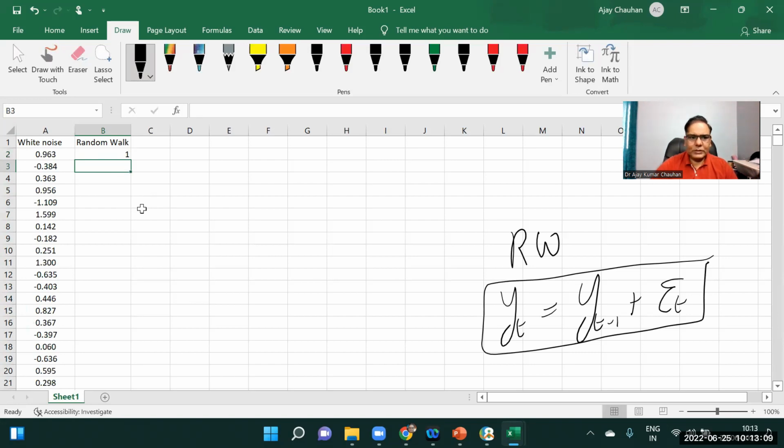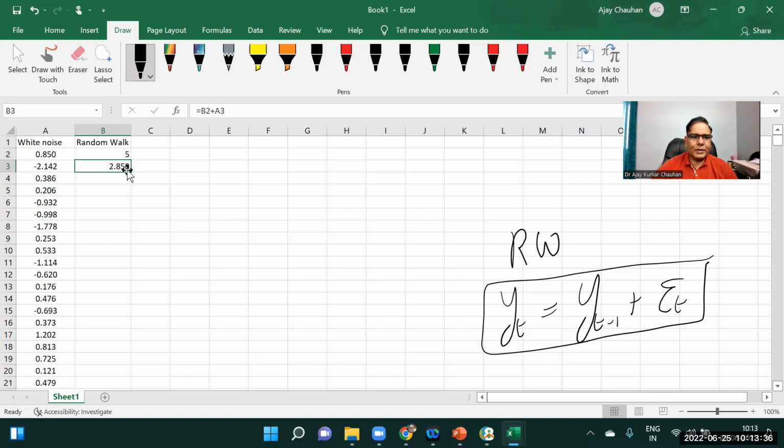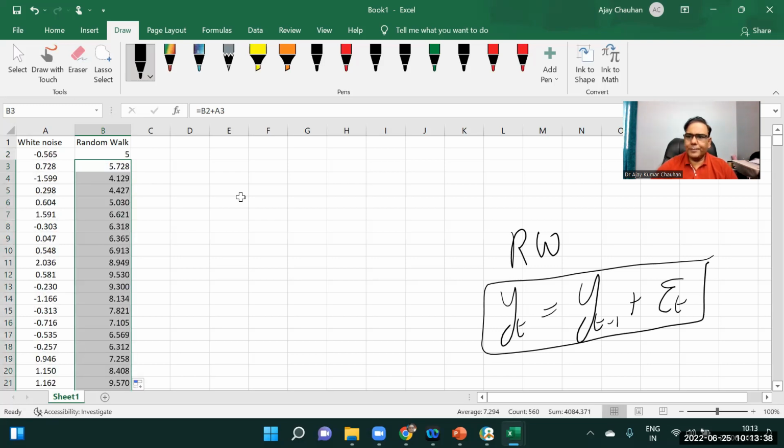Now Yt minus 1 is 1 plus et. Et is the error term. White noise is the proxy of the error term, so I am taking the error term as white noise. You can assume any value for today, let's say 5 rupees, and just plot it. So your random walk will come.